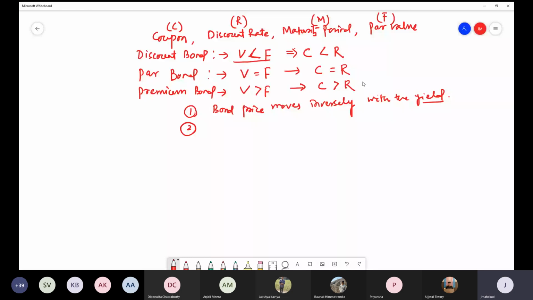The second thing is, for a given change in yield or interest rate, longer maturity bonds experience larger price change.